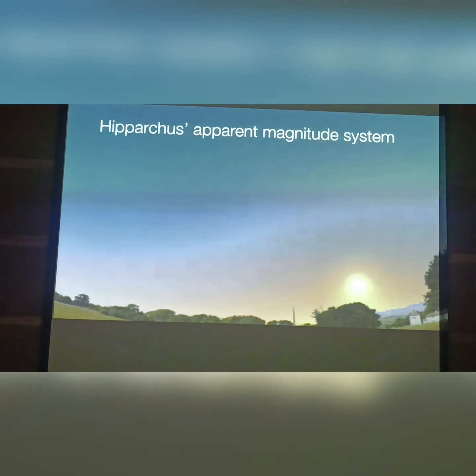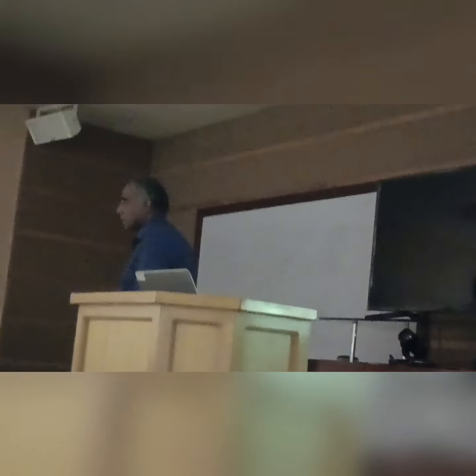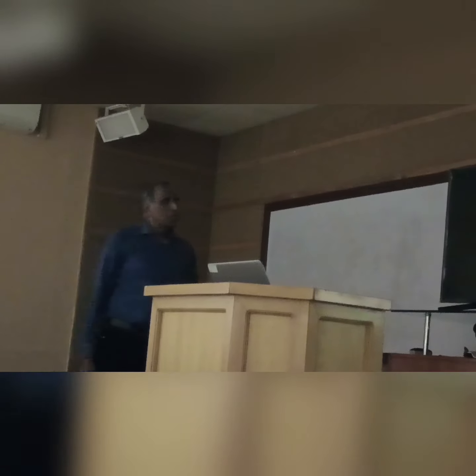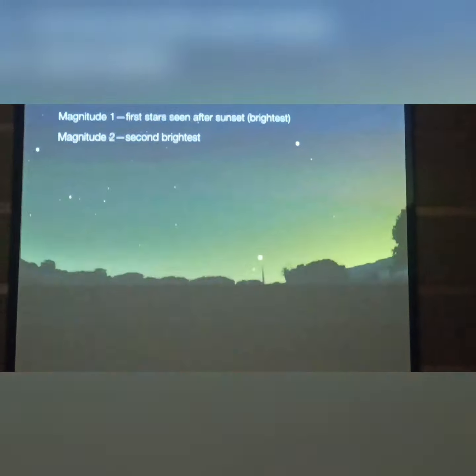And how does Hipparchus' apparent magnitude work? He gives magnitude 1 to the first stars seen after sunset, so they are the brightest stars.